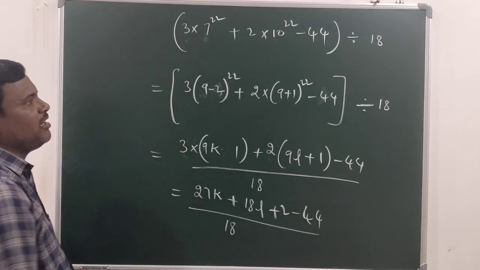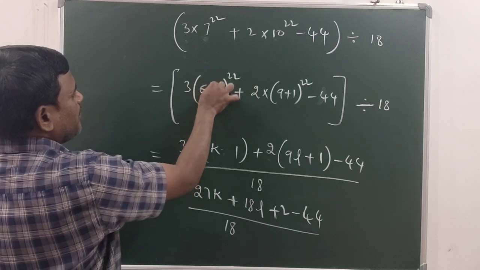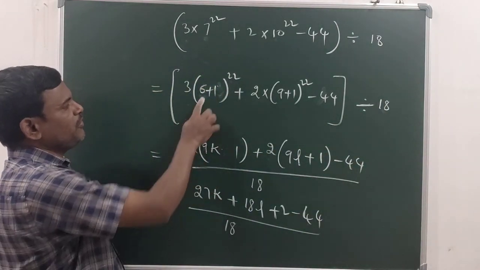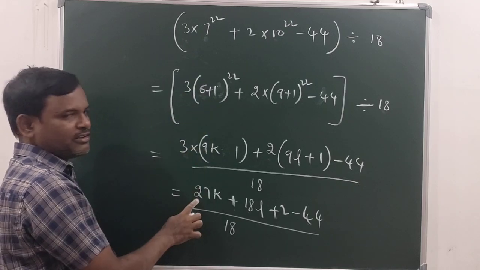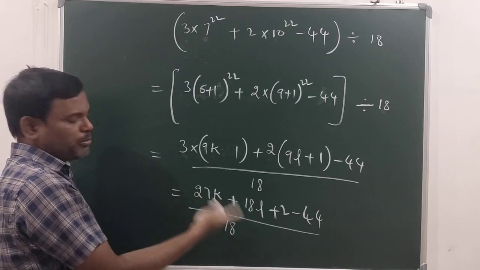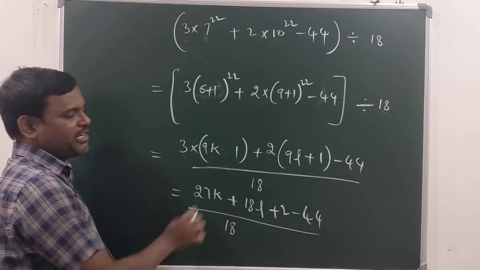Instead of writing 9 minus 2, you had better write 6 plus 1, because we have to find the remainder when it is divided by 18. If you write 6 plus 1, in the next step 6 threes are 18, a multiple of 18 you will get here. On writing 9 minus 2, you are getting 27. Whether it is divisible by 18 or not, we don't know. So if you write 6 plus 1, you get more clarity.